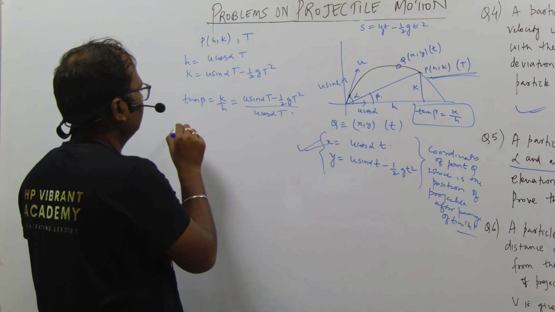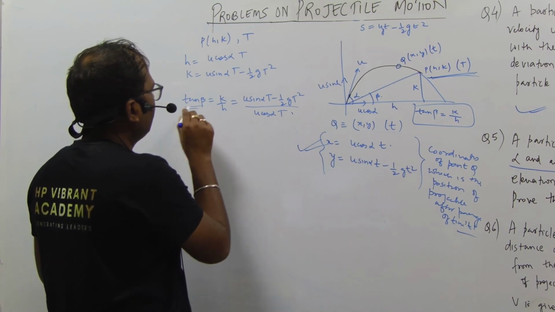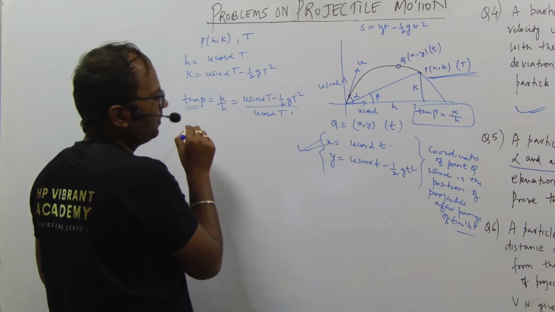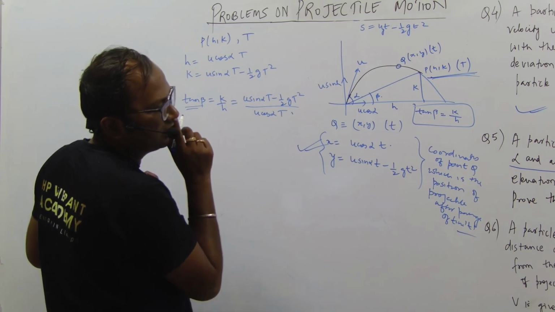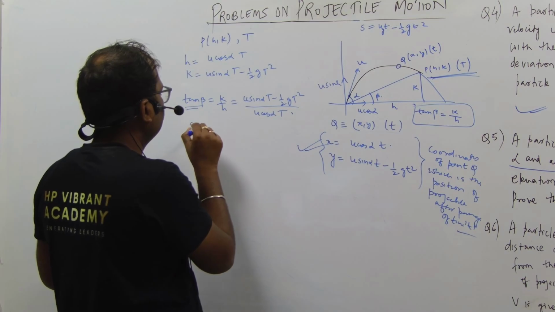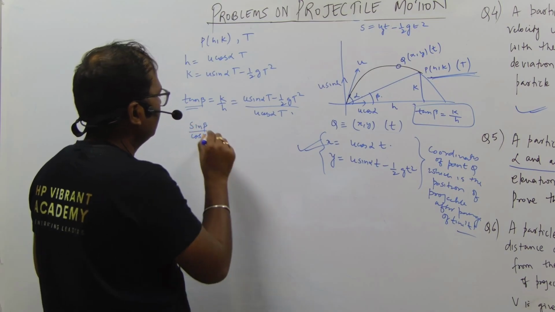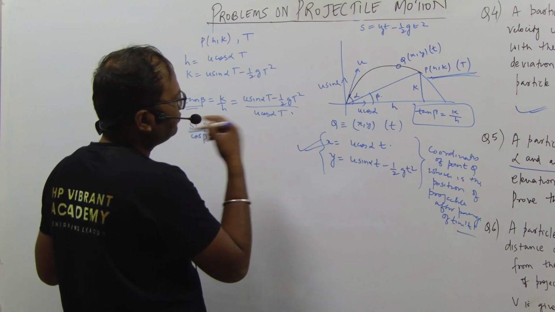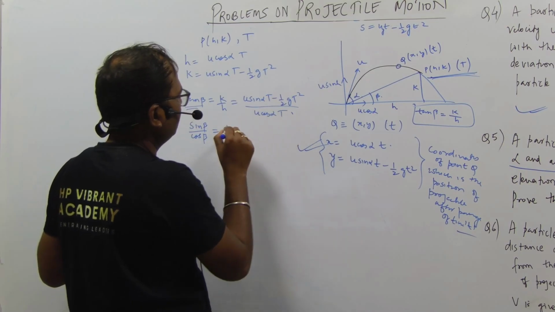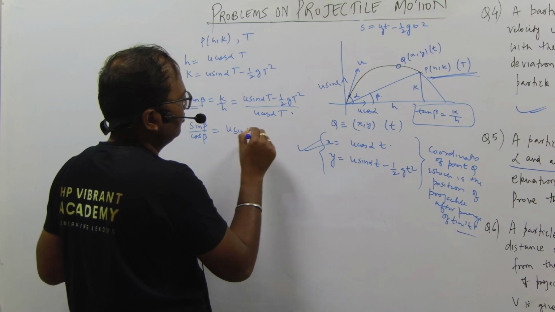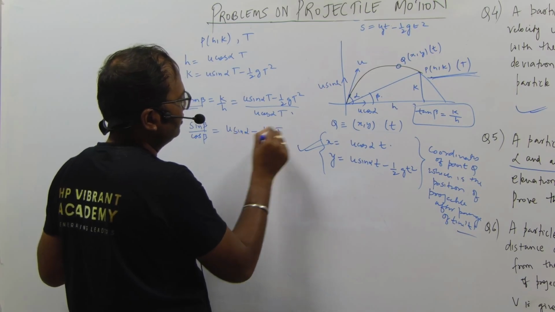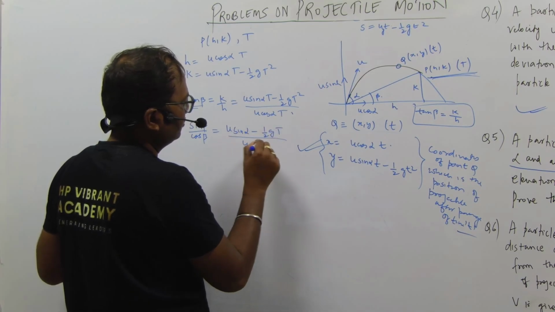Tan beta we can write as sin beta upon cos beta. This is equal to, T gets cancelled here, so you have u sin alpha minus half g T upon u cos alpha.